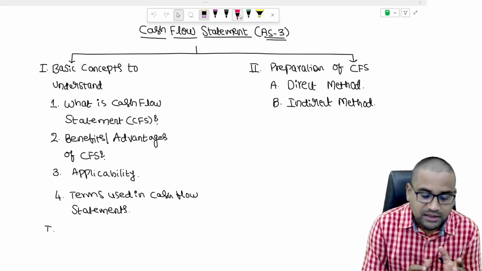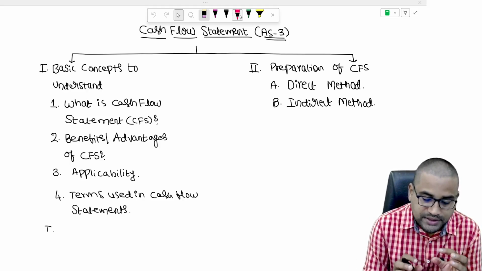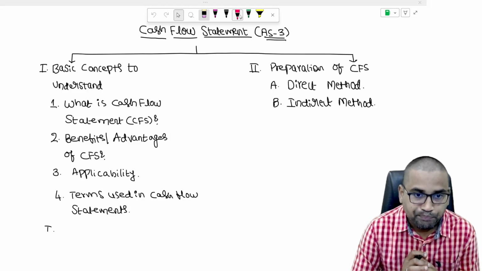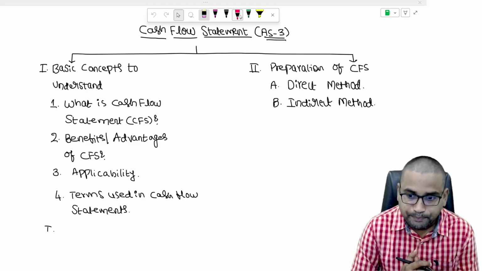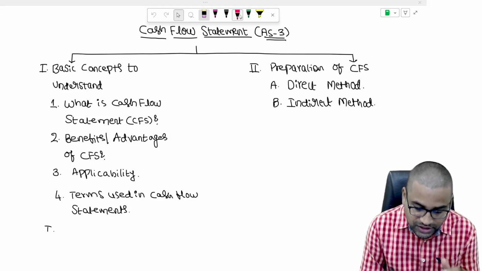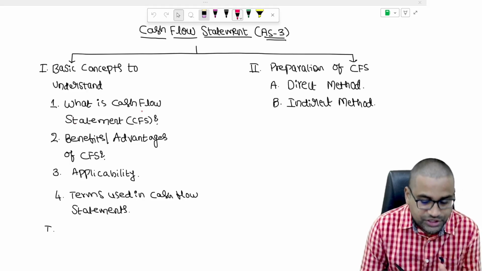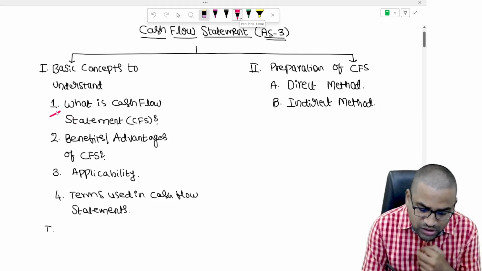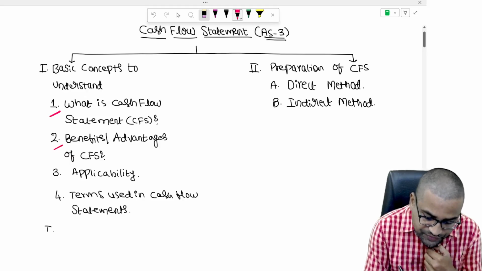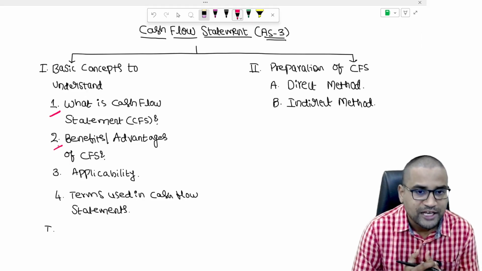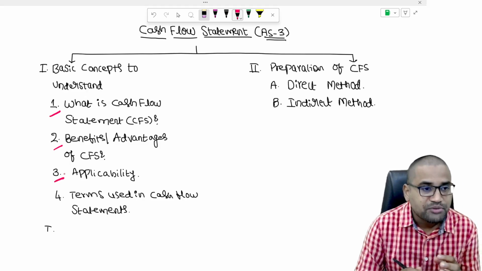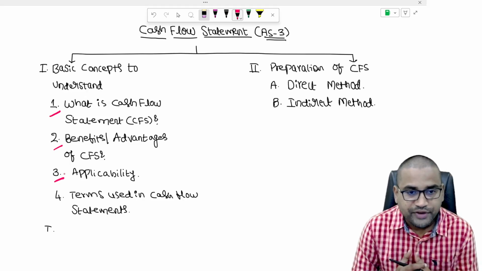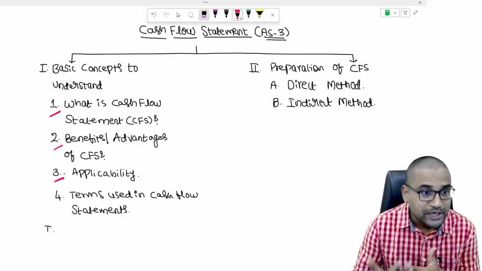The first part is the basic concepts we need to understand, and the second part is about preparation of cash flow statement. In the first part, we see what is cash flow statement, what are the benefits or advantages of cash flow statement, why we are preparing cash flow statement basically, and whether cash flow statement is necessary for all kinds of enterprises, so applicability.